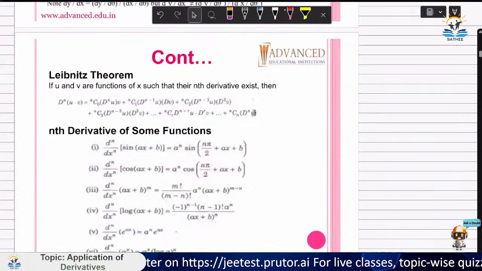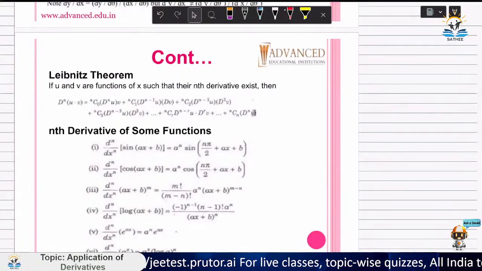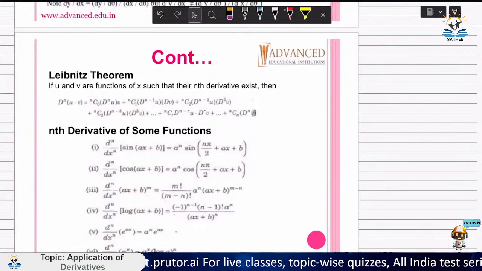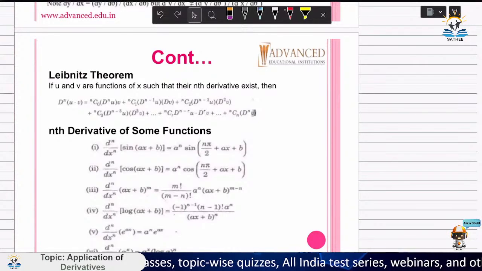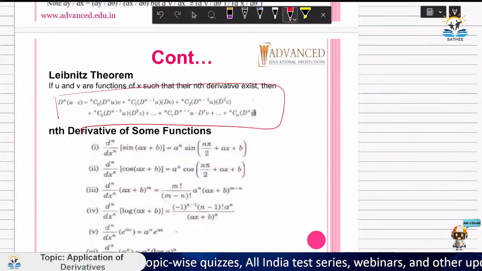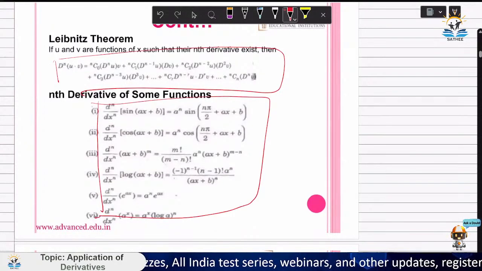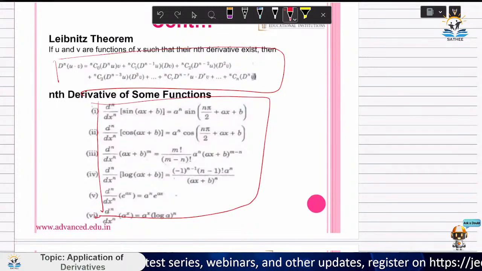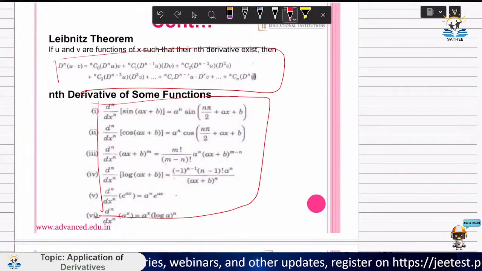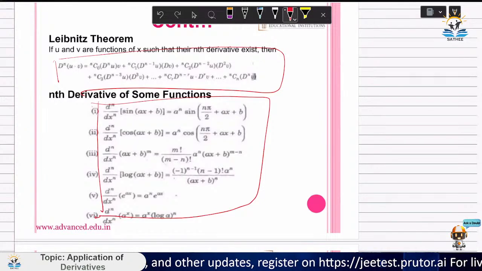Okay, so we have another theorem coming in, the Leibniz theorem. If u and v are functions of x such that their derivatives exist. We'll get to this part later on, and this as well. This is something that is a bit advanced for you right now. If you are not aware of the formulas and the equations that we did just above it, I would suggest that you go through these equations.